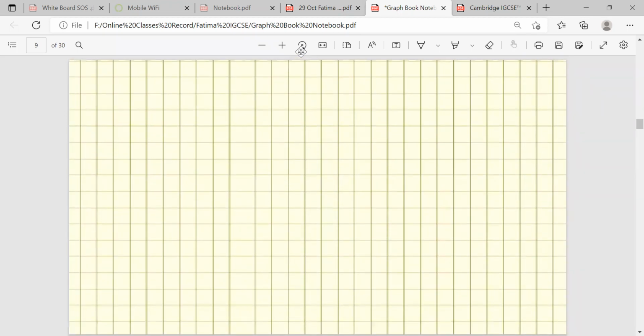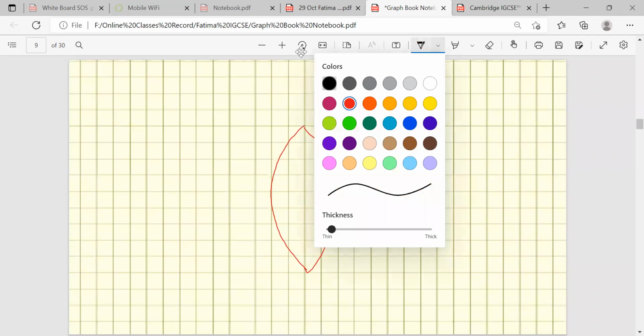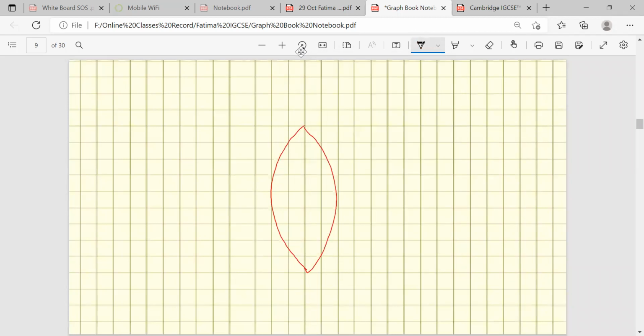Now if we discuss some terms related to lenses, let's suppose there is a convex lens and there is a reference line passing through it.